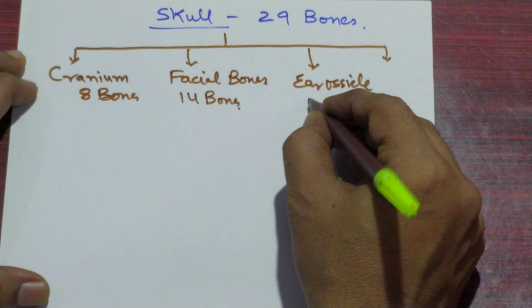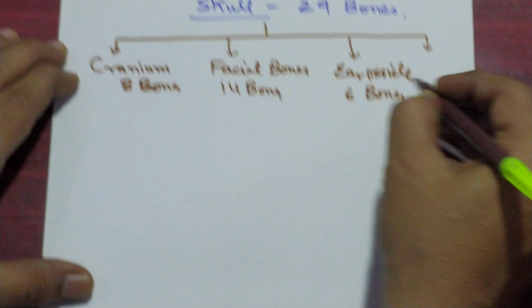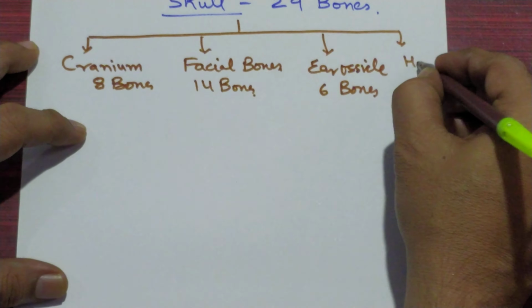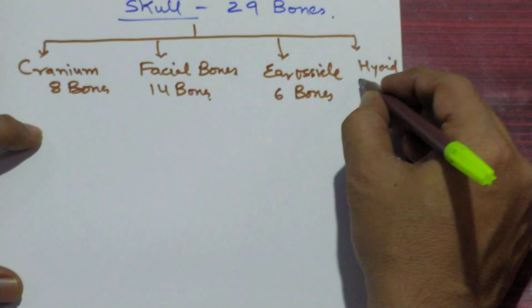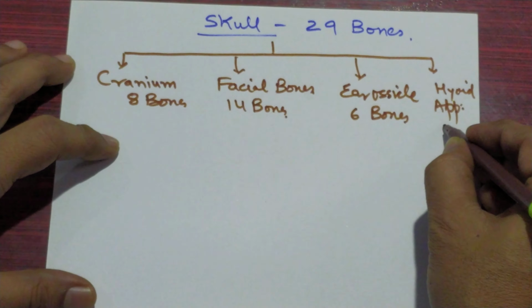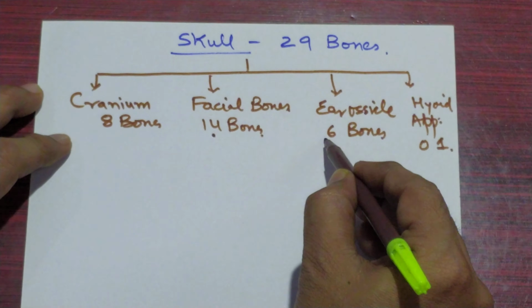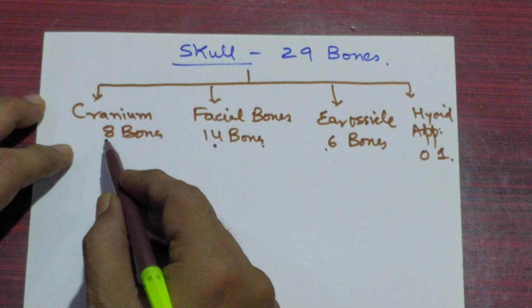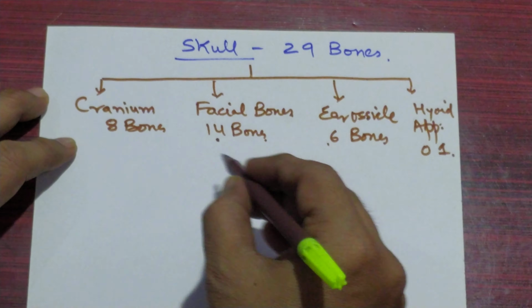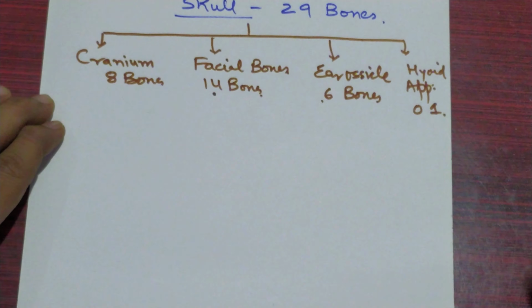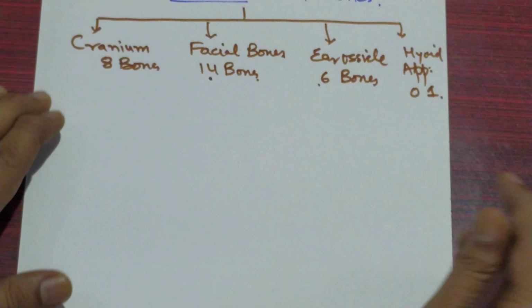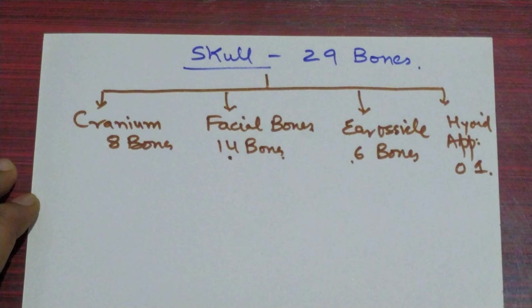It has 6 bones, and the fourth part is the hyoid apparatus. It has 1 bone. So these 14 plus 6 is 20, plus 8 is 28, and 1, these are the 29 bones.